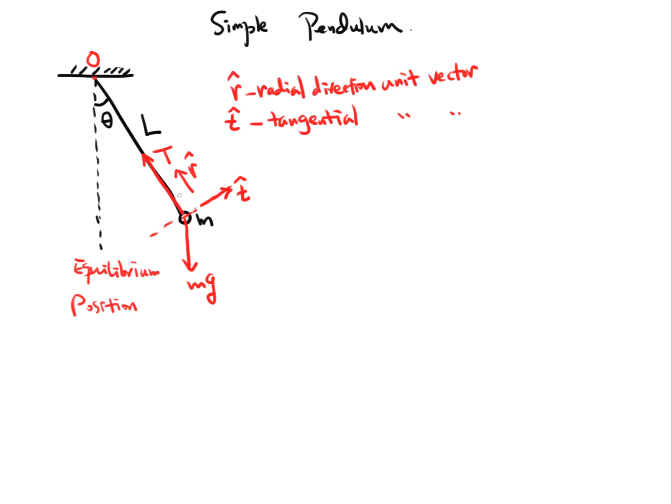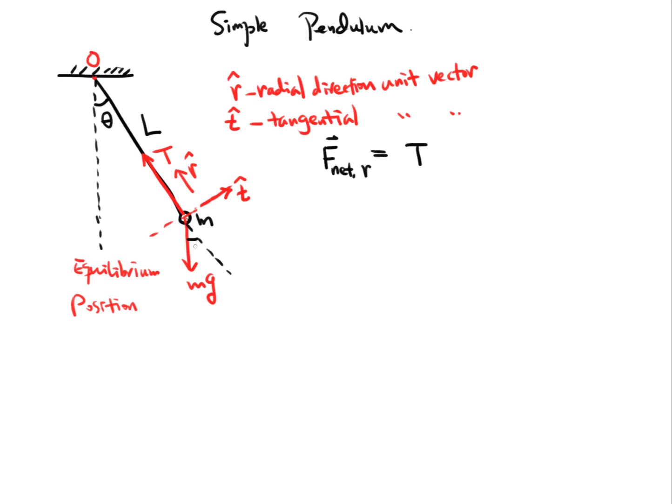Now let's write down Newton's second law for these two directions. Along the radial direction, the object m is doing circular motion. So the net force along the radial direction is given by tension T and mg's radial direction component.